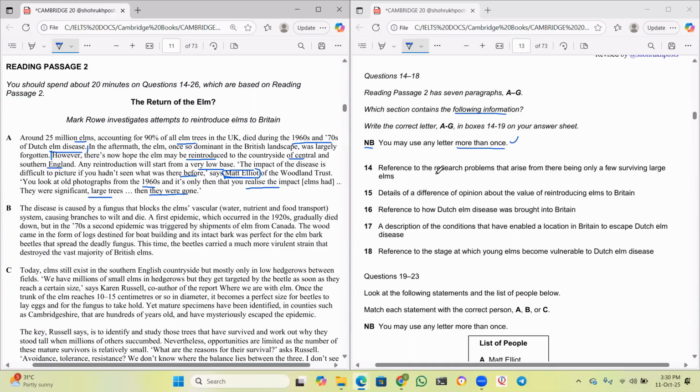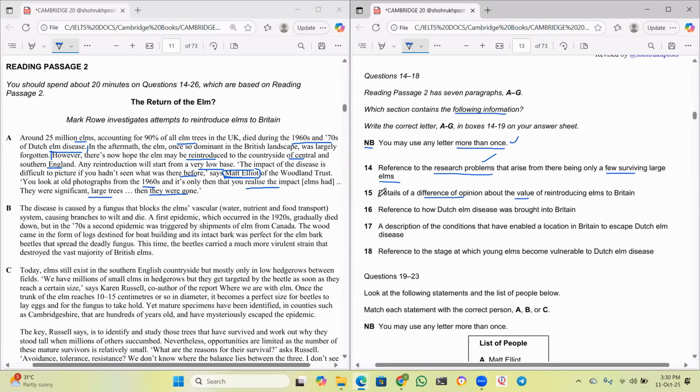First, a reference to the research problems that arise from there being only a few large elms. Did we read about any problems, guys? Any research problems that may come because of fewer elms? No, right? Nothing was said. Next, details of a difference of opinion about the value of reintroducing elms to Britain.